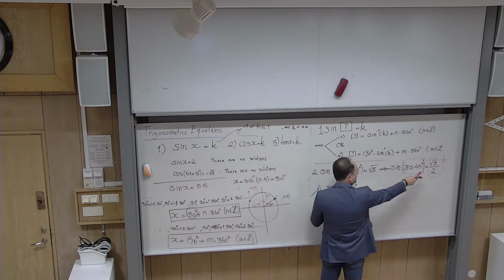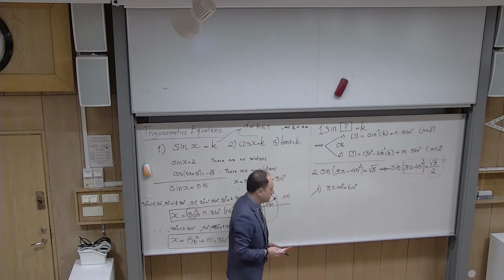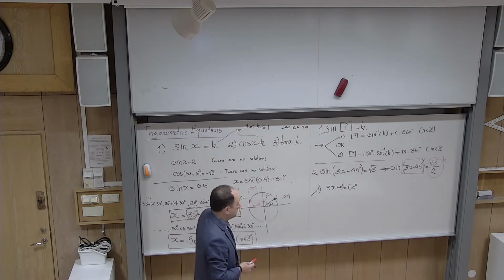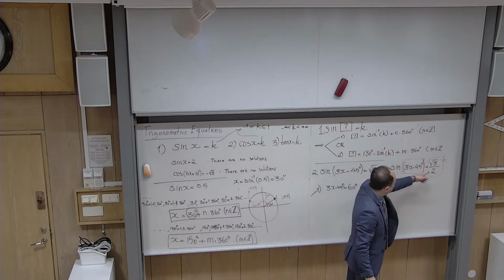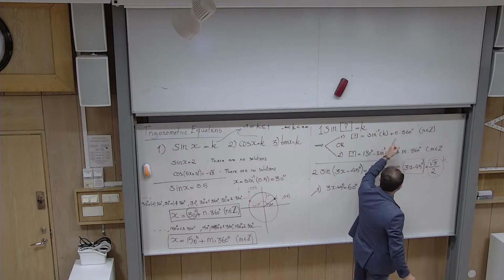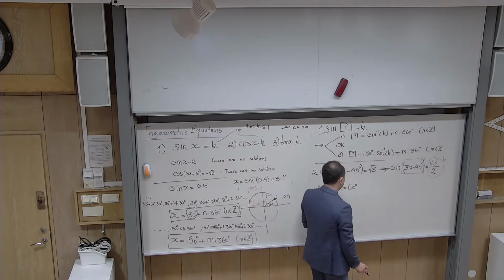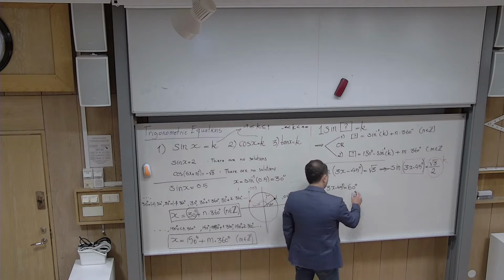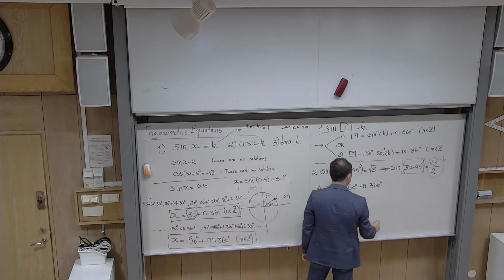If you put 60 degrees there, it is totally wrong. But if you put 60 degrees here, it is totally correct. Understand or not? Because I have to put K, this number, and then sine inverse of that number is 60, not this number itself. Okay, and then plus n times 360 degrees, okay?